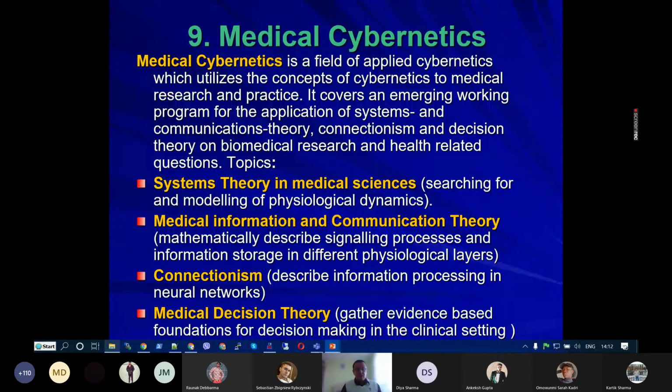The field that applies cybernetics, which utilizes concepts of cybernetics in medical research and practice.